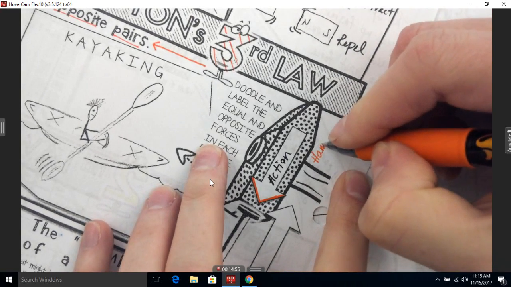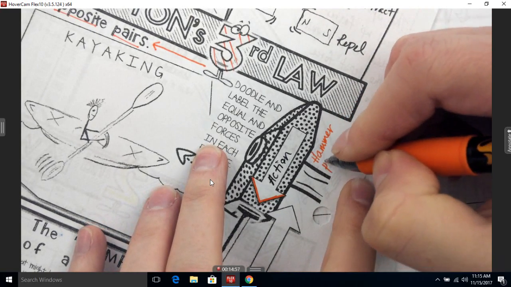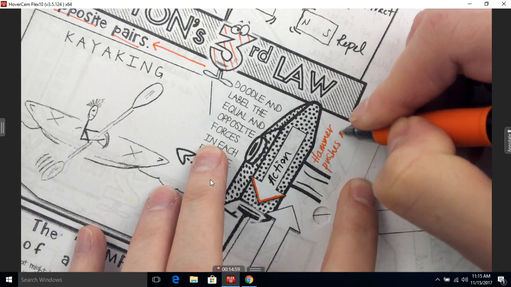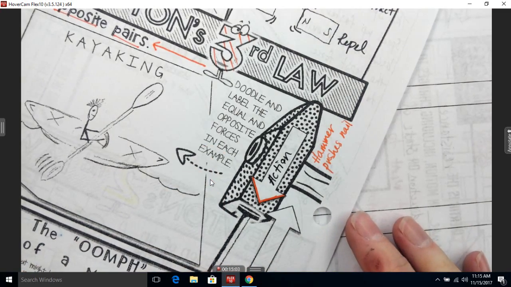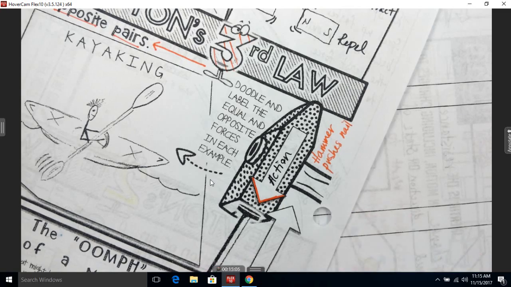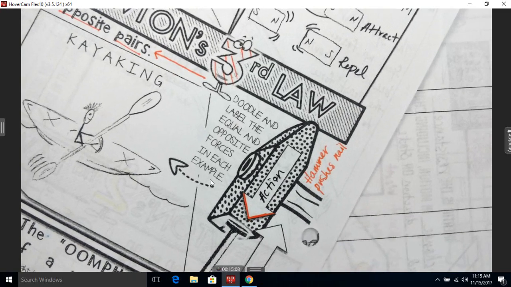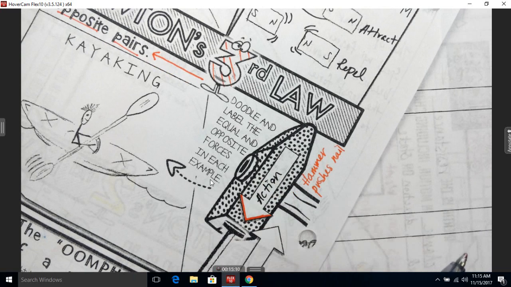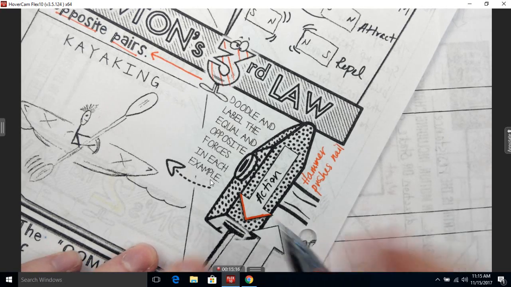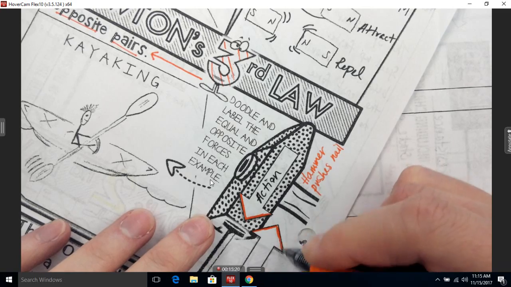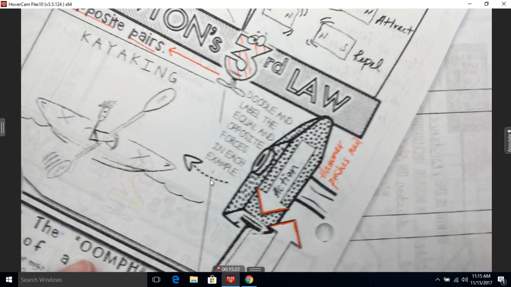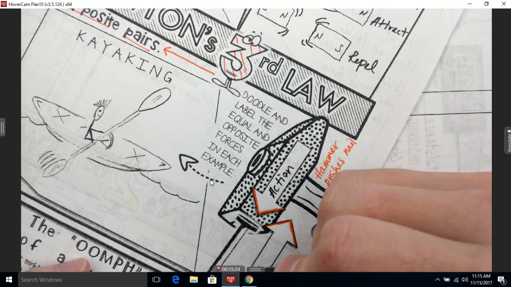Hammer pushes nail. Okay? It's not normal. It's equal. That's not the normal force. The hammer pushes the nail down, and the nail pushes back in the opposite direction. Notice those arrows.